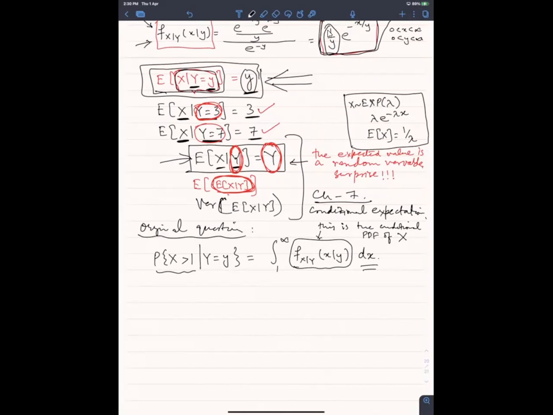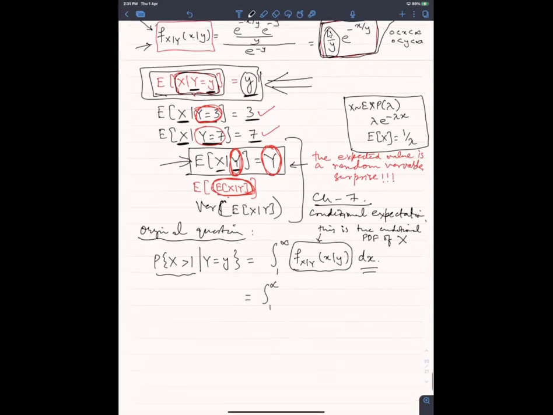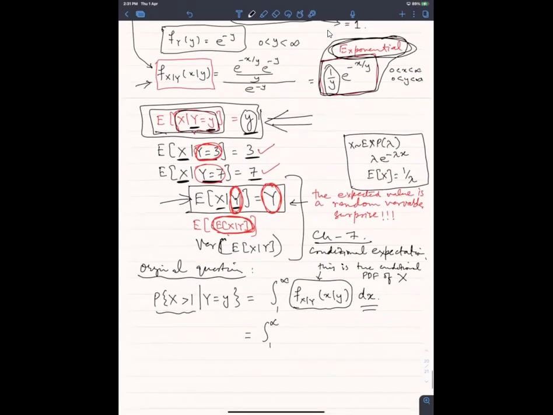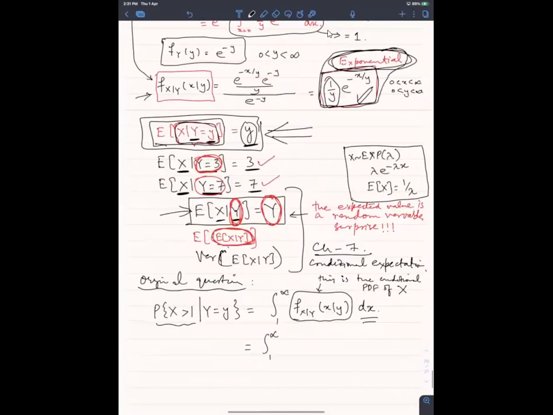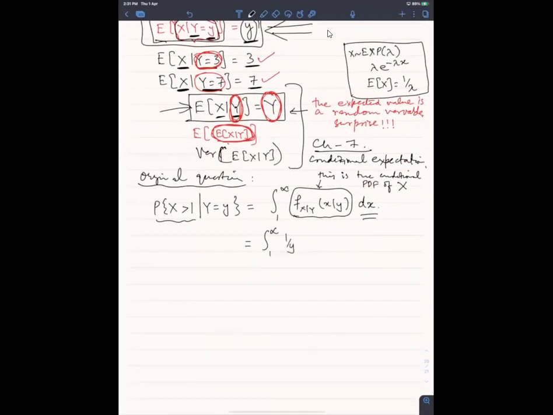So it has to be integrated over x, which means the limits are 1 to infinity. What is the conditional distribution here? It is what we found out earlier: 1 over y e to the minus x over y dx. Who can write the answer to this immediately?